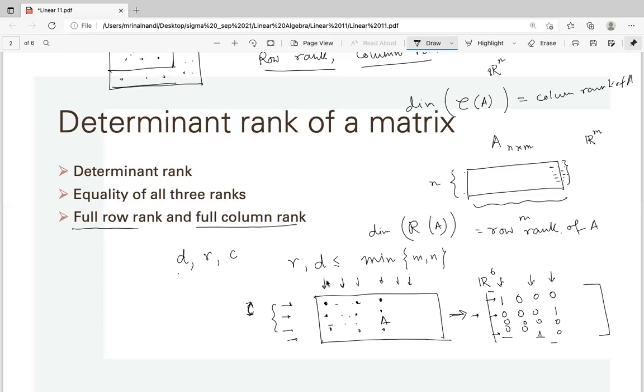Forget about the others. Now these 9 elements actually transform to these 9 elements, 3 ones and 6 zeros. Since these are elementary row operations, the determinant of this 3 cross 3 submatrix of A may change, but the non-singularity is preserved: if it is 0 then it is 0, if it is non-zero then it is non-zero. So since after row operation this has a non-zero determinant, there is a non-singular submatrix.